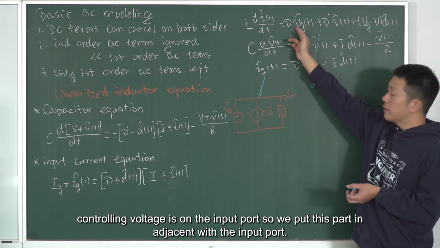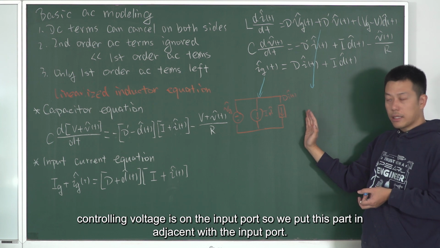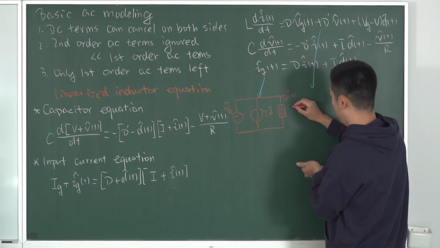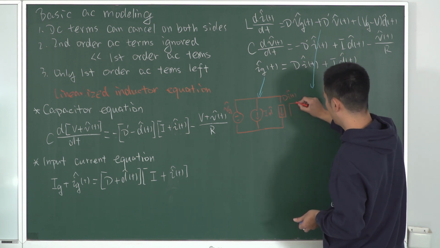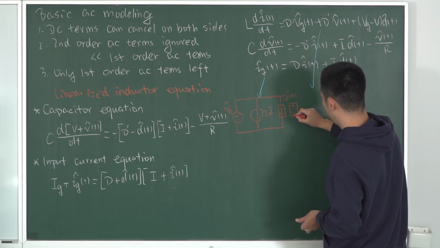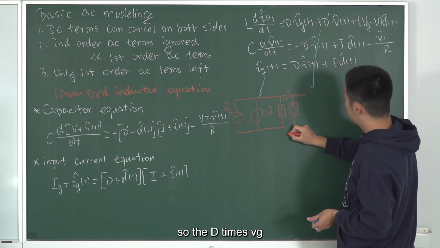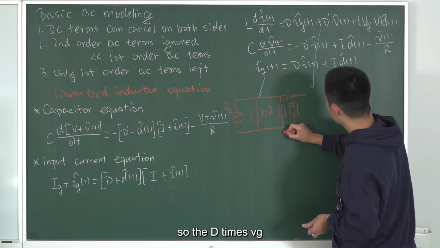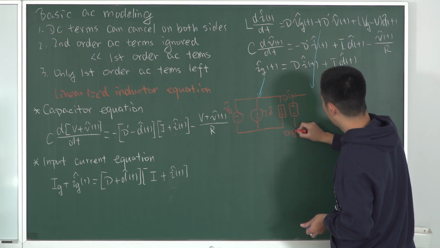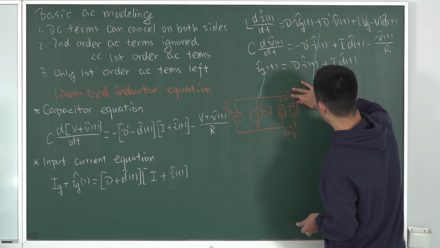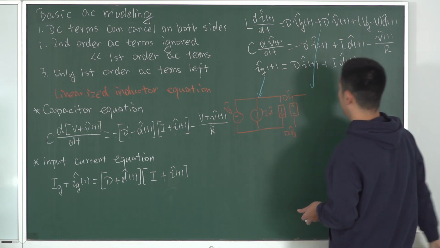So we plot this part adjacent to the input port. So the D times Vg.